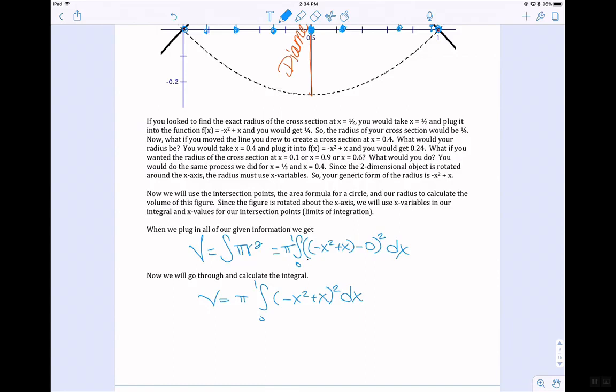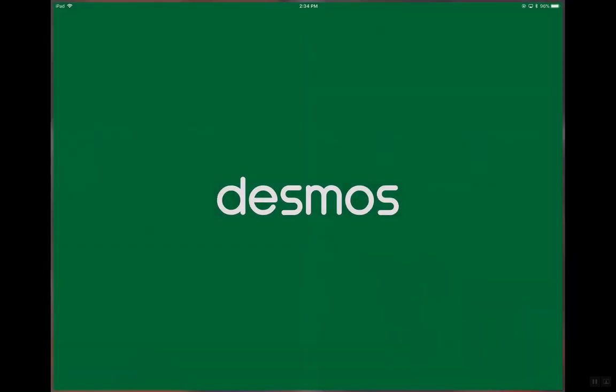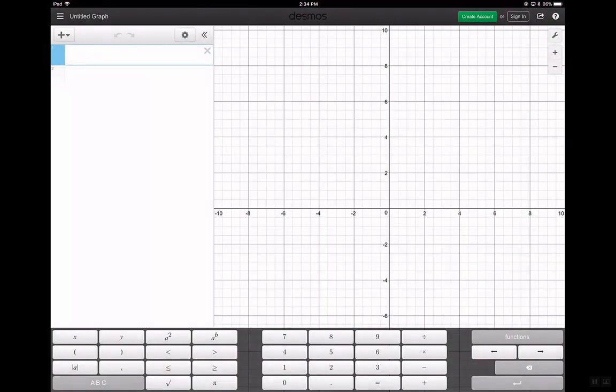Okay, so now let's go ahead and take a look at the graphing calculator, but we did practice the graphing calculator in the last unit. Let me just show you Desmos real quick. Desmos is a free online graphing calculator.